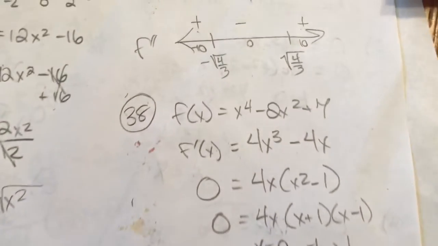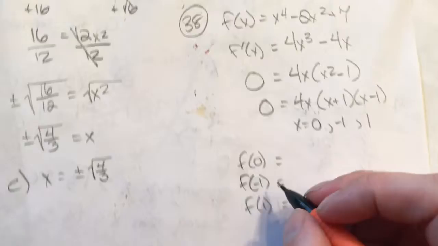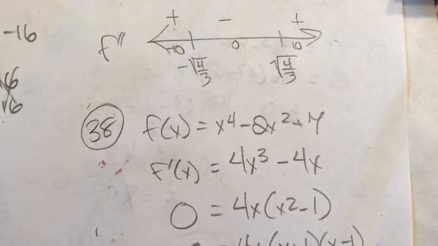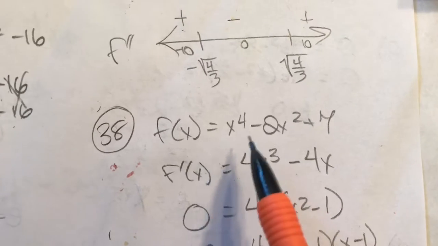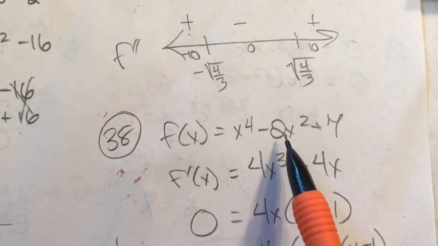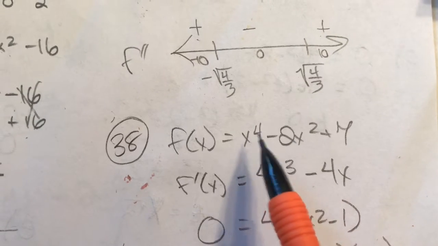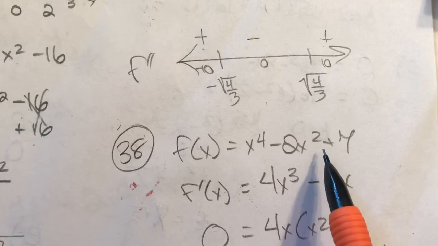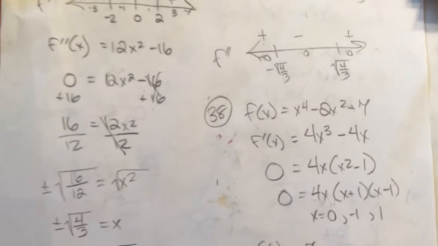If I plug in 0, I get 7. So f of 0 is 7. f of -1 is 1 minus 2 plus 7, which is 6.